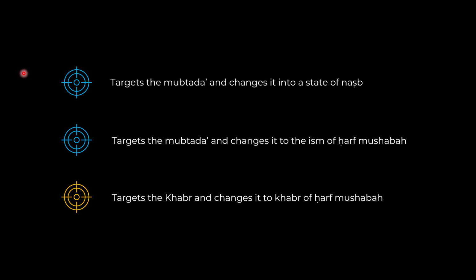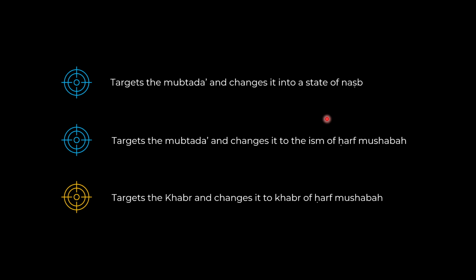And it's simply a harf that resembles a verb, and we'll see exactly what that means. So it targets the mubtada and changes it into a state of nasb. See, it's very similar to a verb. What we had seen before with verbs is that a verb would target an ism that comes after it and put it into a state of nasb, right? This harf is doing that exact same thing.